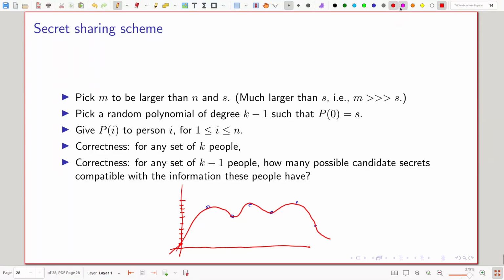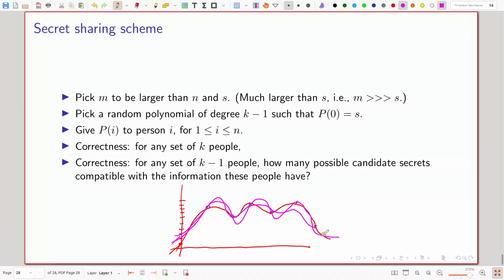If you have another secret, like 2, there is another polynomial that goes through these points and then passes through 2. So for any possible secret, there's one degree k minus 1 polynomial that passes through it. Knowing only k minus 1 points doesn't rule out any possible secret.